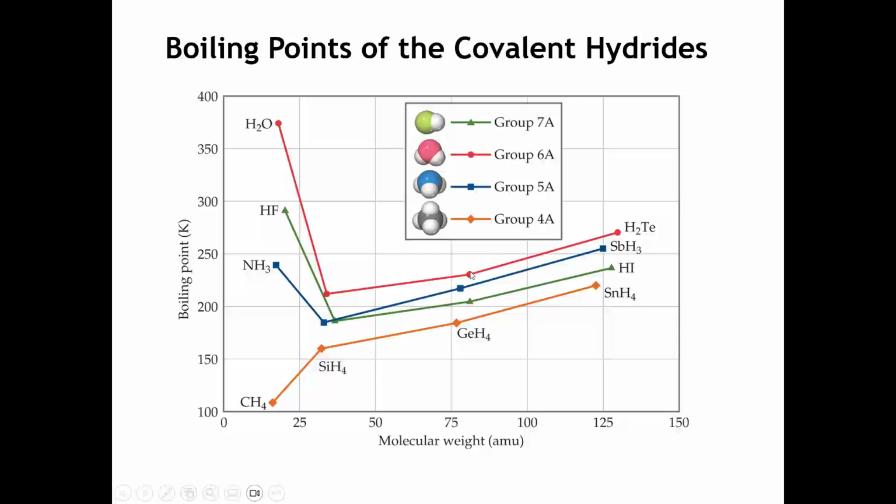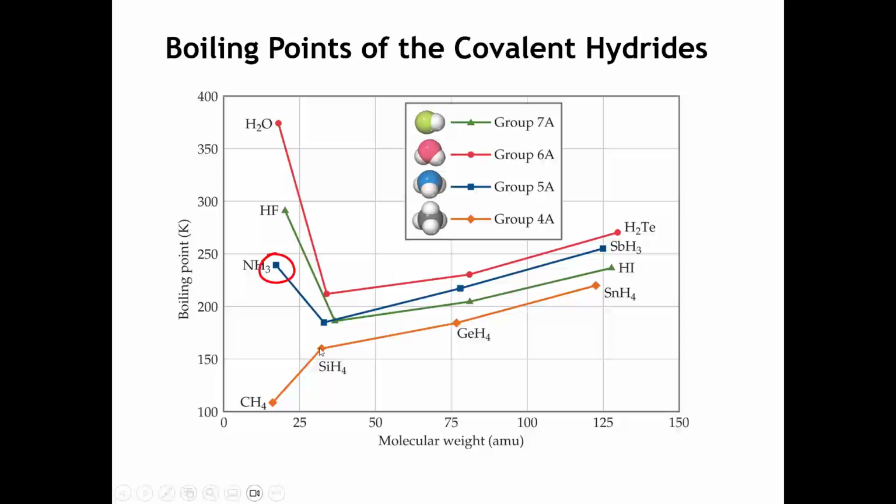It goes down when we go to H2Se, and down again a bit more when we go to H2S, hydrogen sulfide, and then jumps up a lot when we get to water. If we look at the group 5A hydrides, we see the same sort of trend, trending downward because the dispersion forces are getting smaller, but then unexpectedly jumps up when we get to ammonia.